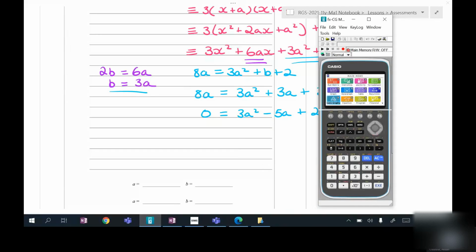If we go to equation solver, we've got 3, minus 5 and 2. So we've got two values of a, we've got 1 and we've got 2/3.